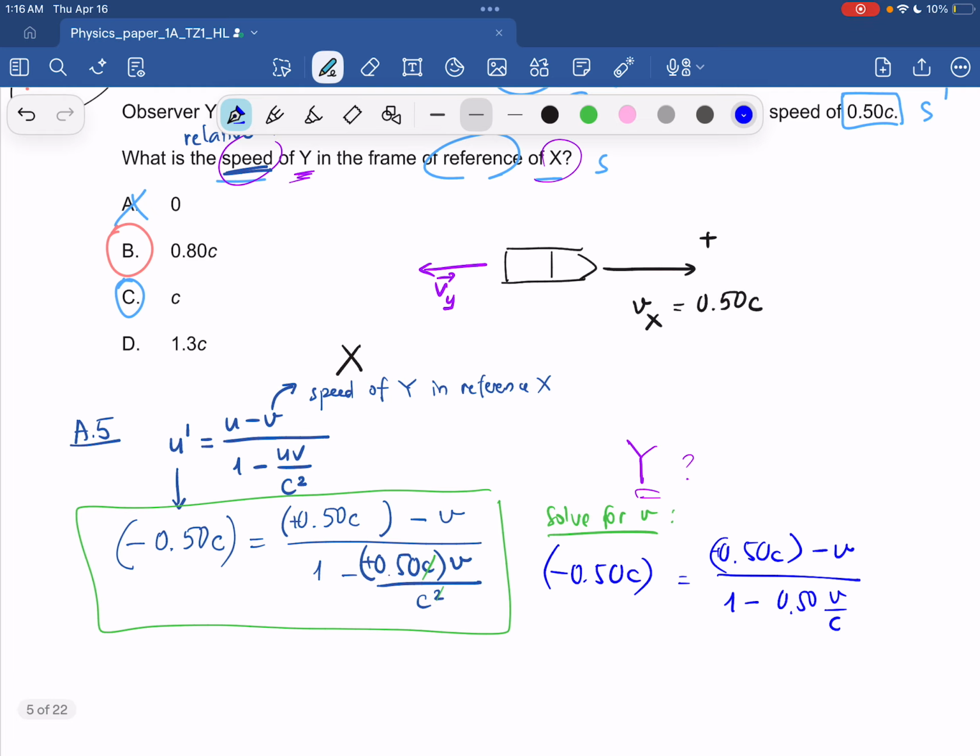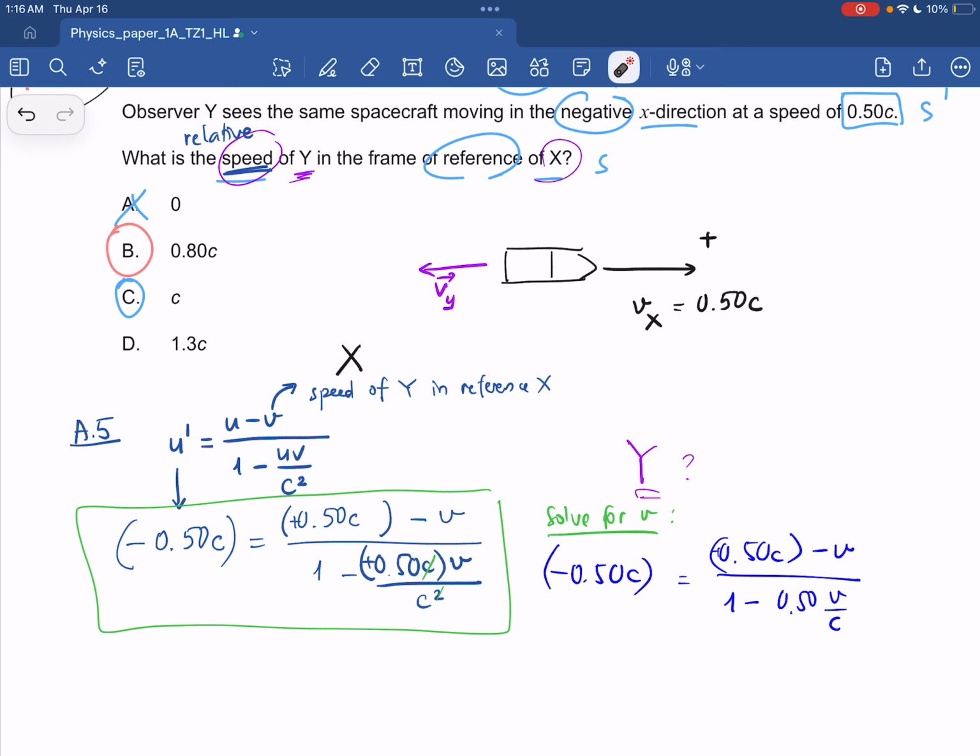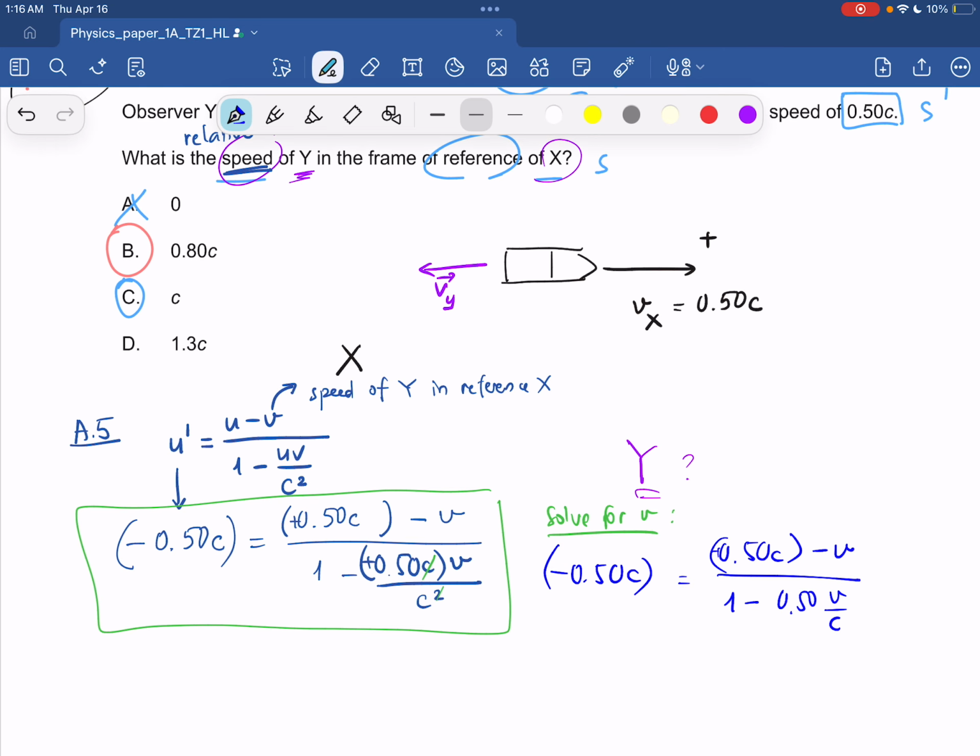Now we just need to multiply the whole denominator here with the quotient here. So you got 0.5c times the whole thing, 1 minus 0.5 v over c. It's just about calculation.